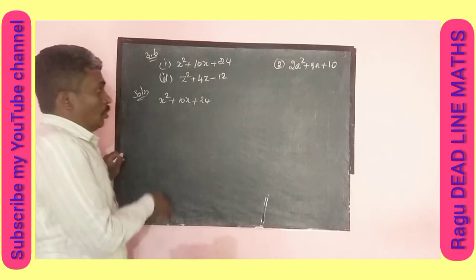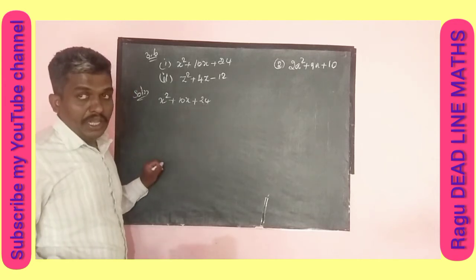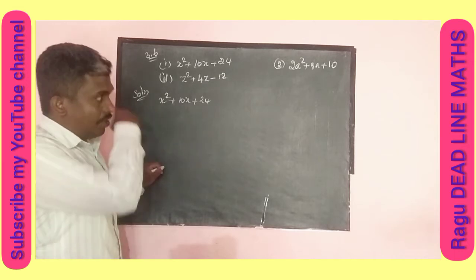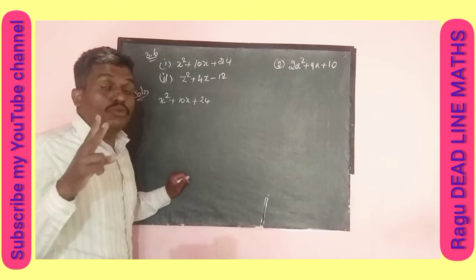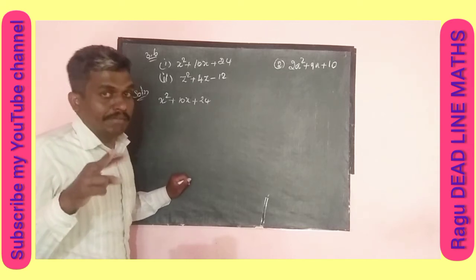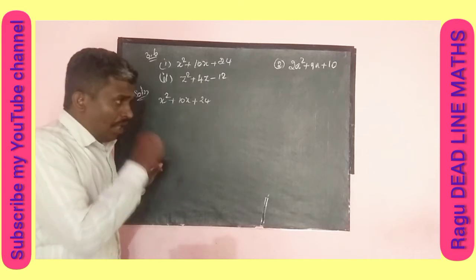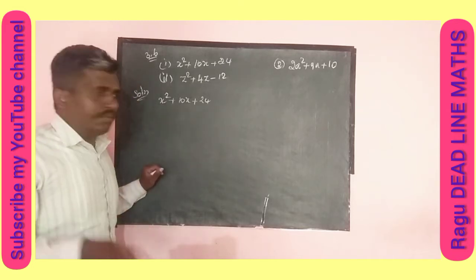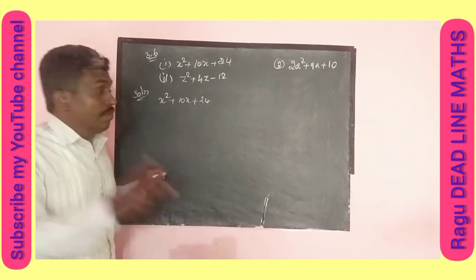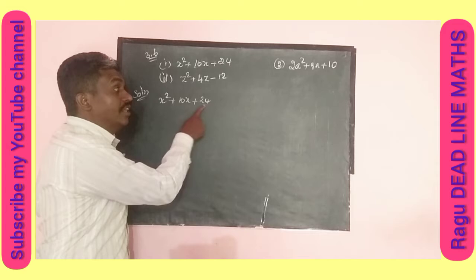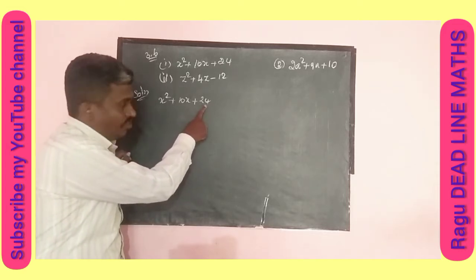First, we will consider the constant value. We have to consider two numbers, or two factors. If you multiply the two numbers, you want to get the constant.